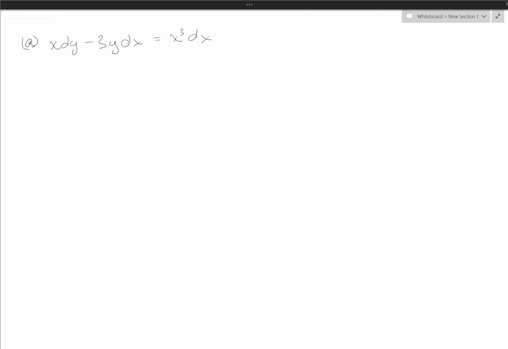So this is our first example. And what we need to do is convert this into a form that looks like, remember, dy/dx + p(x)y = q(x). So we have to do that first.